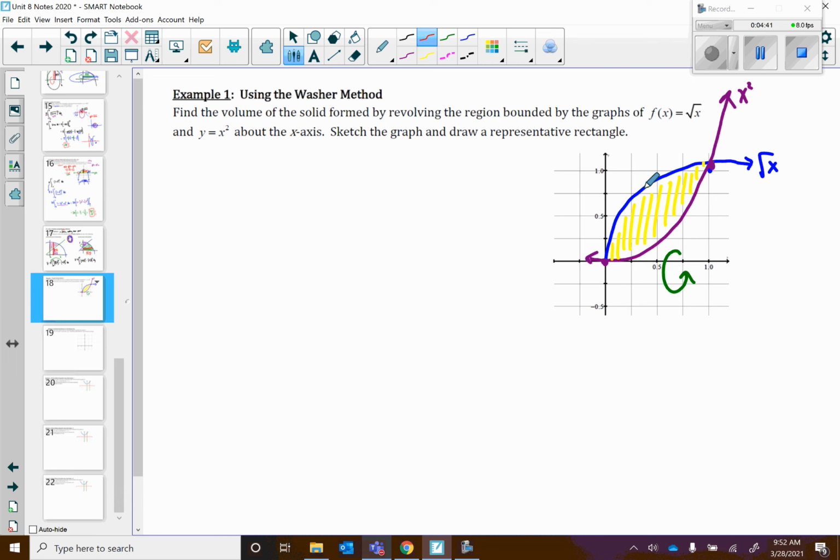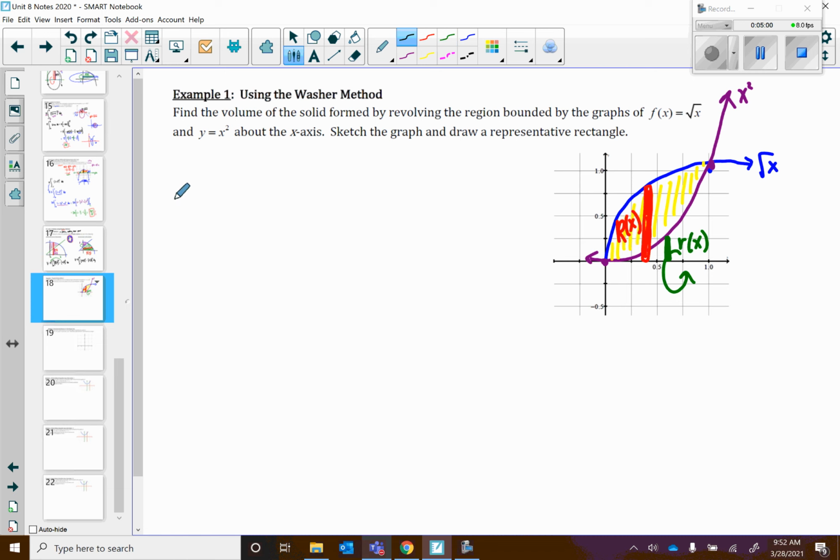So let's consider our figure here. A representative rectangle, well, we're taking this big radius R of x, minus this smaller radius.